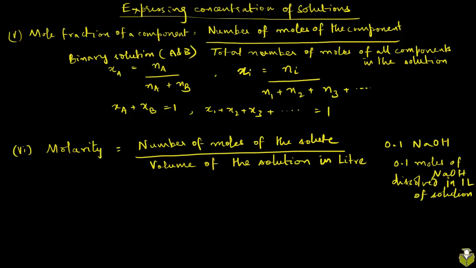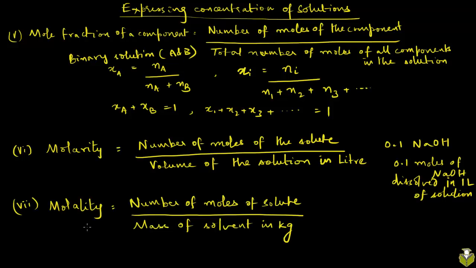And finally, we have molality, which is denoted by a small m, and molarity was capital M. In this case, it is the number of moles of the solute divided by the mass of the solvent in kgs. So here it's no longer the solution, but the solvent.